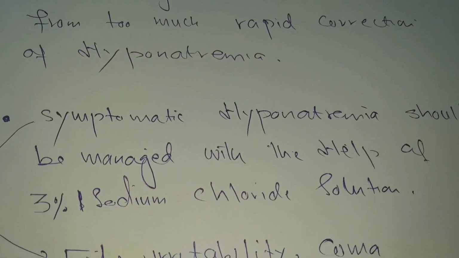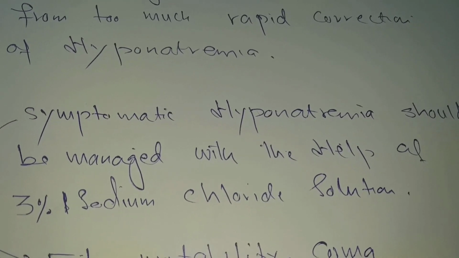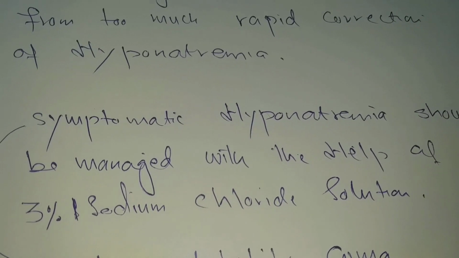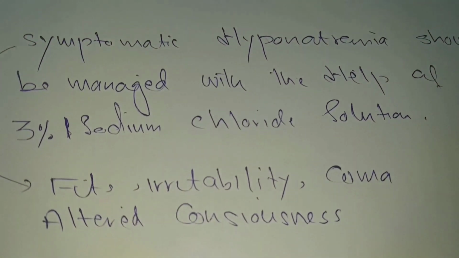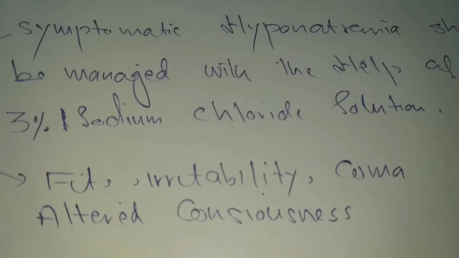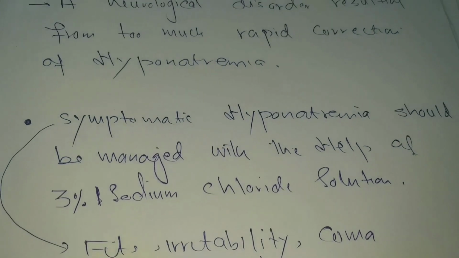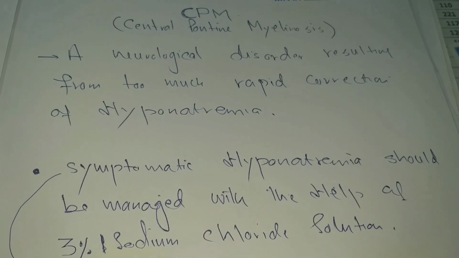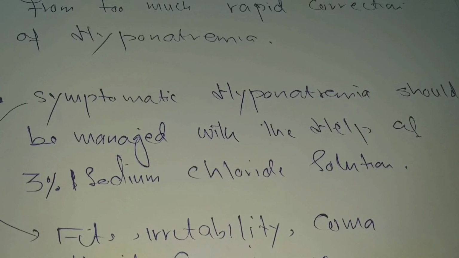Now the symptomatic hyponatremia should be managed with the help of the 3% sodium chloride solution. When we say that the hyponatremia is symptomatic, these symptoms can be fits, irritability, coma, altered consciousness. So the definition of the CPM and why the patient can develop it is very important to be understood.